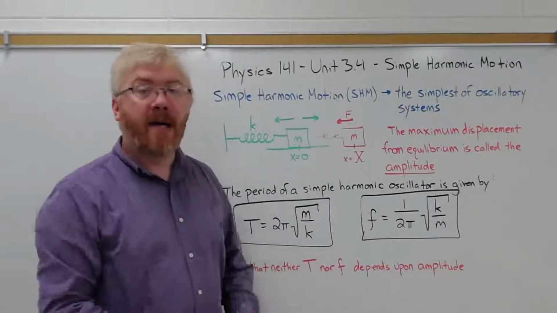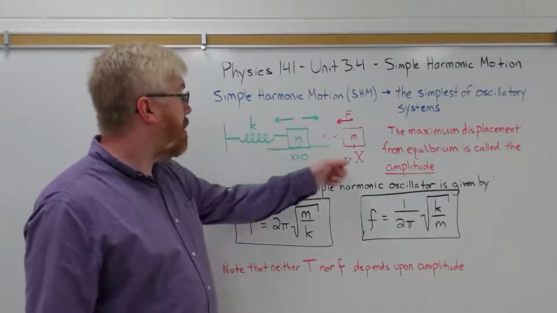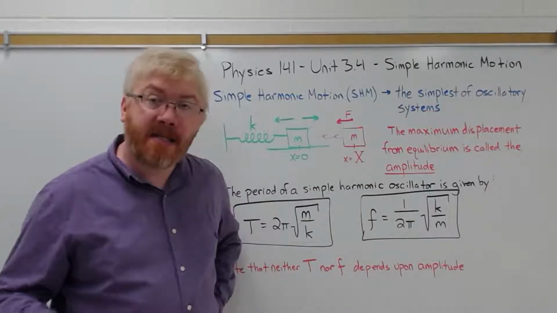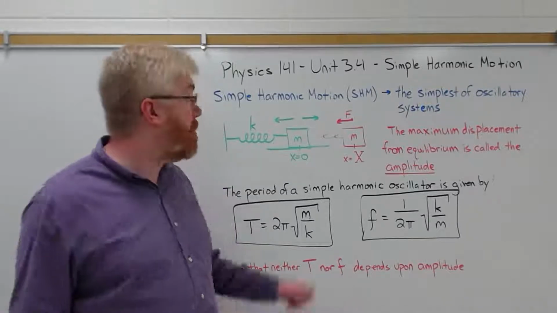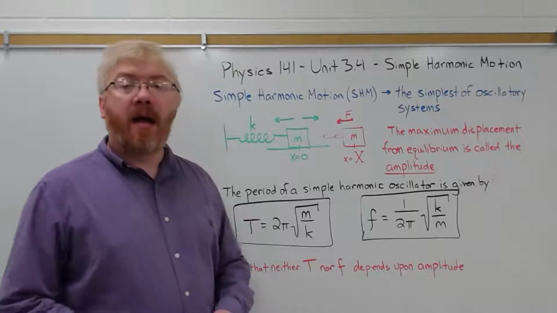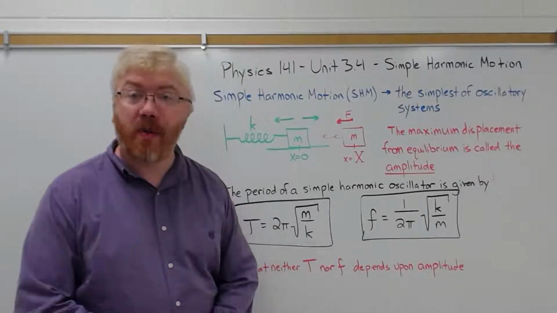Now, note that the amplitude, capital X here, is the biggest deviation from the equilibrium position. You cannot get further from the equilibrium position than X. Some of you have probably pushed children on swings or pushed friends on swings when you were younger, right?